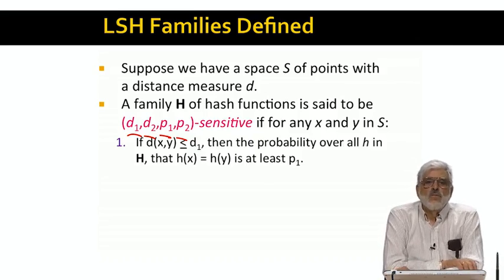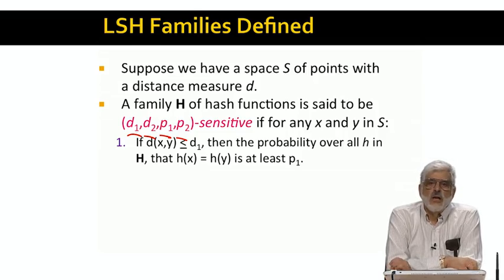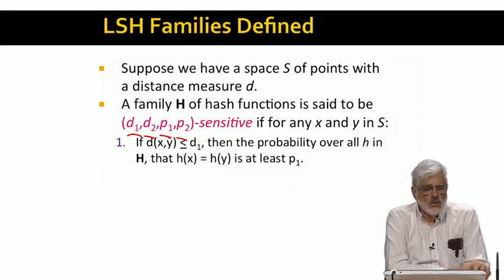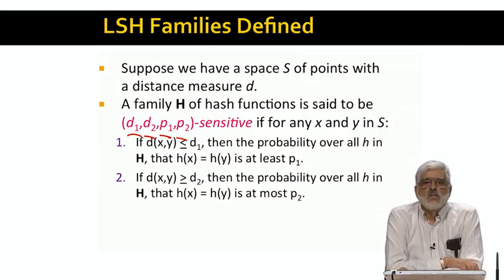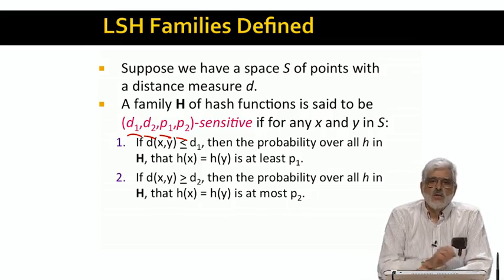Okay. More formally, for any two points x and y at distance up to d1, the probability, considering all hash functions little h in the family capital H, that little h says yes about x and y is at least p1. And if the distance between x and y is at least d2, then the probability that little h says yes for x and y is at most p2.